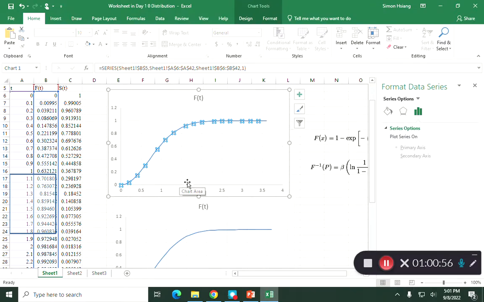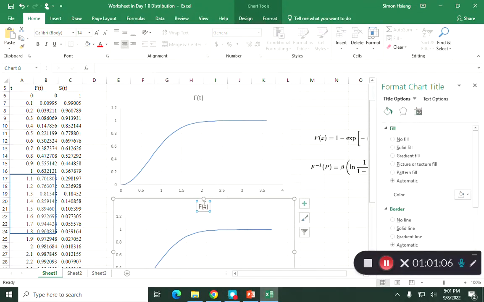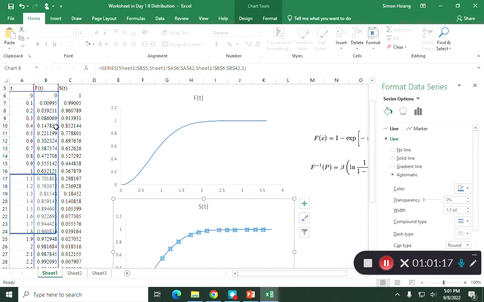When time gets longer and longer, sooner or later everybody dies, right? That's the probability. So what is your ST going to look like? ST is going to look like this.